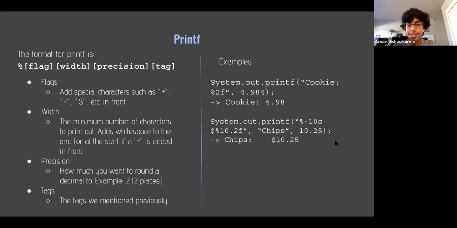The second thing is a decimal where again the width is 10, and then we round to 2 decimal places. If we look at the output, it prints out chips and then the white space. Then it prints out the dollar sign as we specified before the percentage sign, and then the number 10.25, which we specify with the .2f tag.